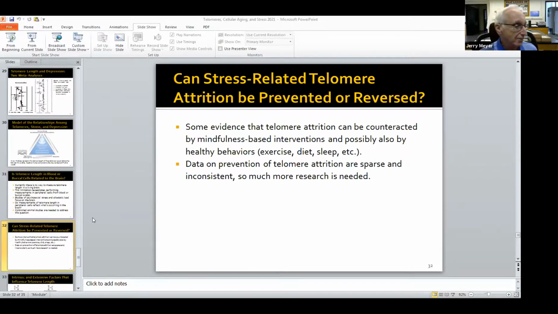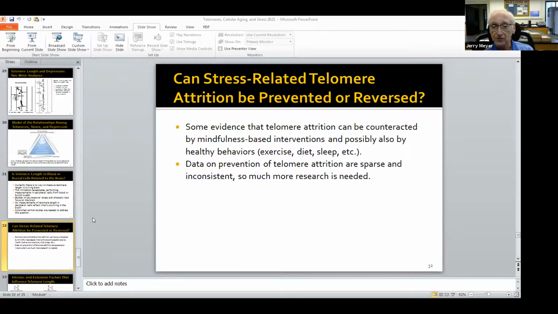All right, so now the very last here is, can stress-related telomere attrition be prevented or reversed? So a question was brought up earlier. This has been studied a little bit, but not really very extensively at all, and not very well controlled studies.